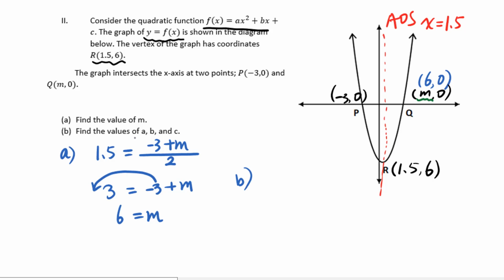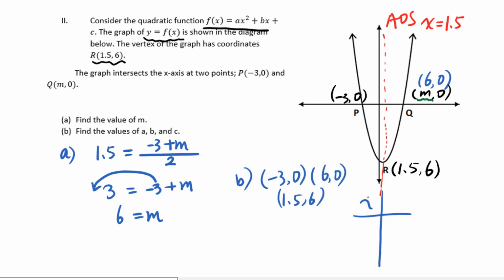Let's go to B. Find the values of A, B, and C. We know 3 points determine a quadratic function. Now we already figured out these 3 points. Let's make a table x, y. -3, 0, 6, 0, 1.5, 6.